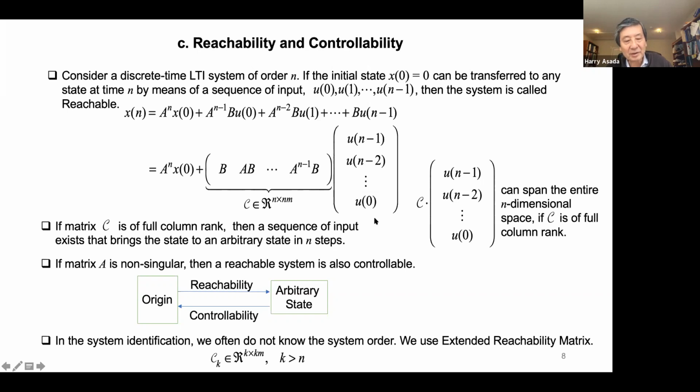Otherwise they are a little bit different, but for today's discussion that is not important. In system identification, again, n is not exactly known, so we expand it to k. This dimension is a little bit bigger than the real state, and we use the extended reachability matrix.